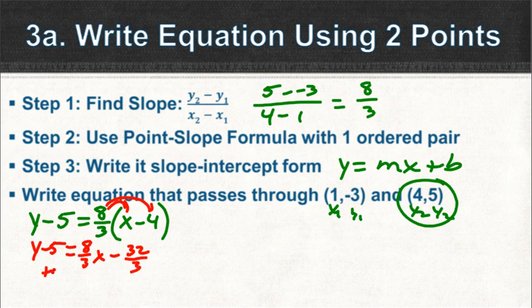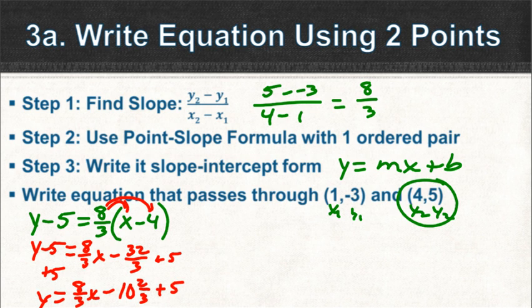Then I can add 5 to both sides, and I'm left with y. Actually, I'm going to rewrite this. I have y equals 8/3 x minus 32/3, which would be the same thing as saying 10 and 2/3. And then I'm going to add 5. So now that'll make it easier.